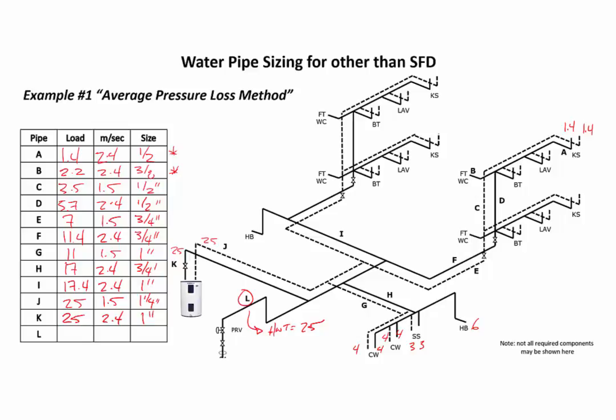So we have 4 water closets, which is 8.8, and the 2 hose bibs, 6 each, so that's 12. So for the total at L, hot water tank plus all the cold only, we get 45.8 fixture units. Cold distribution, so it's 2.4 meters per second, and from the table, 1.25 inches.